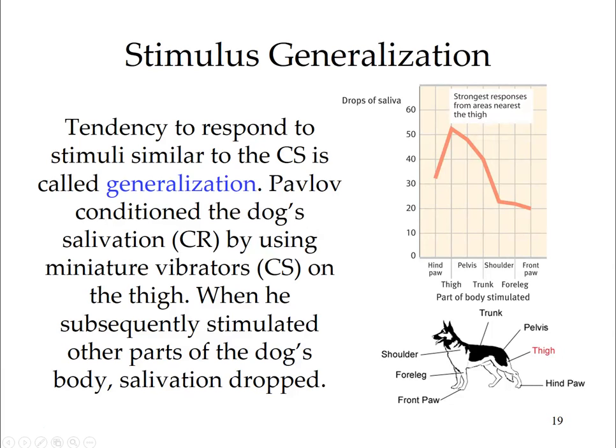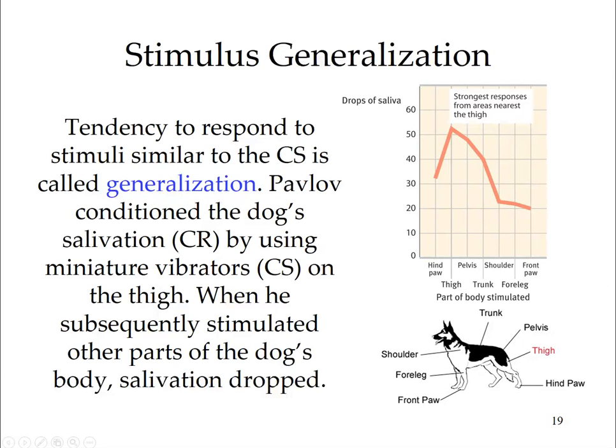The tendency to respond to stimuli similar to the conditioned stimulus is called generalization. Pavlov conditioned the dog's salivation, the conditioned response, by using miniature vibrators, the conditioned stimulus, on the thigh, and then he subsequently stimulated other parts of the dog's body and the salivation dropped.